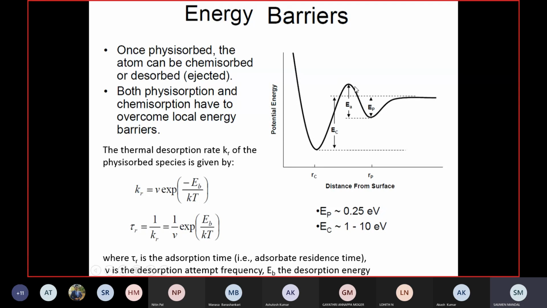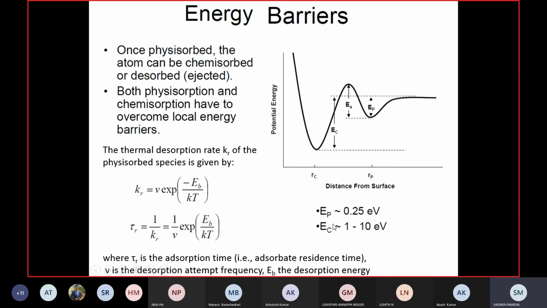Then again an energy barrier is there. It needs to cross it, and only then will it be chemisorbed. This EA is called the activation energy or energy barrier. Physisorption can happen easily, but chemisorption is not easily possible.